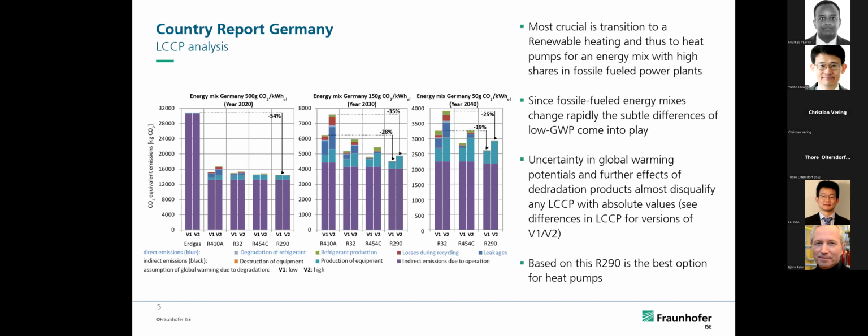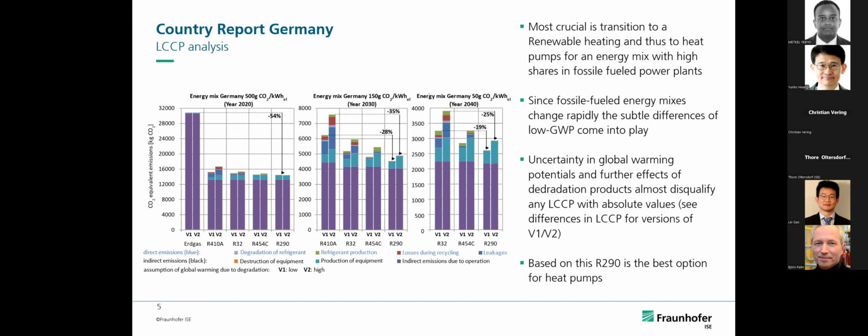And not only this, also the degradation effects which can come into play, well, not for these refrigerants, but this also would put some changes on global warming potentials. So this is the reason why you see these version 1 and version 2 always in this graph.